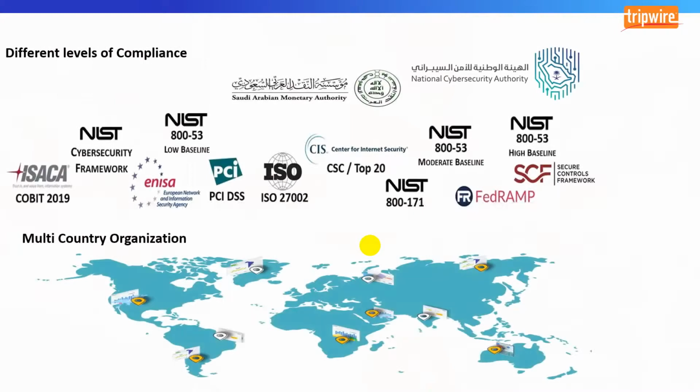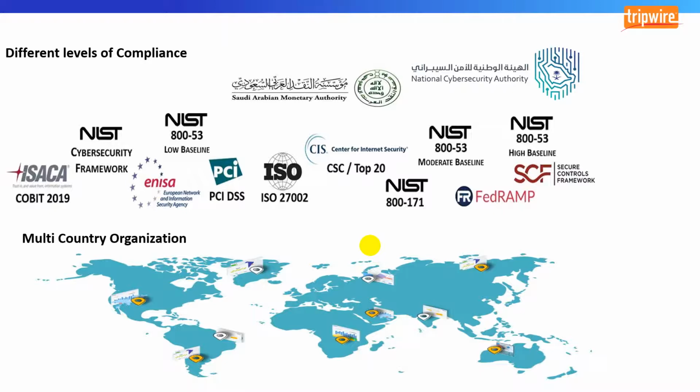So, for example, there are different levels of compliance. If you are following CIS or PCI DSS and so on, you have different regulations, like NCA as we said before, or if you are in the banking sector, you are also following SAMA compliance, and you are following PCI DSS. How do you deal with all of these compliance levels?